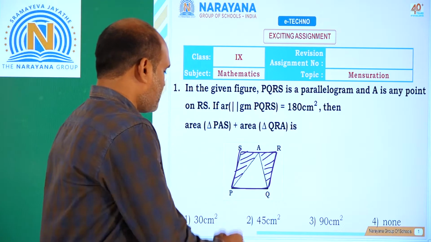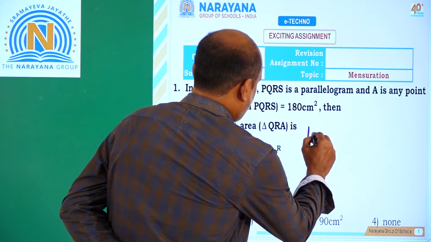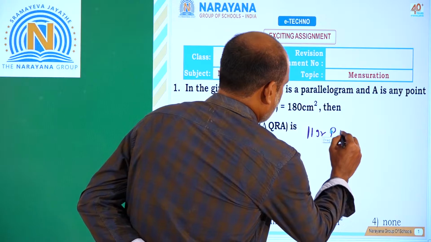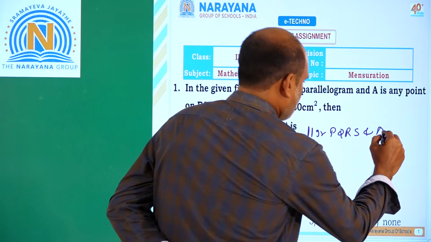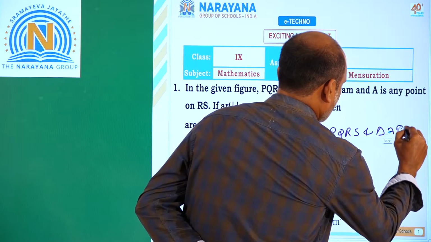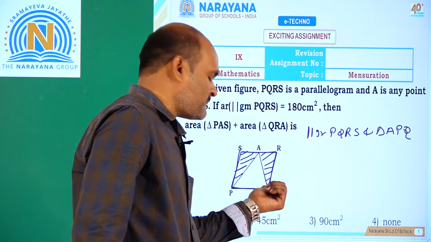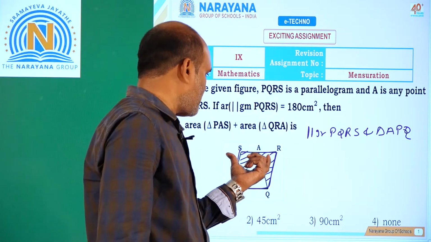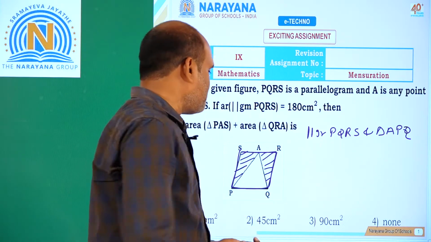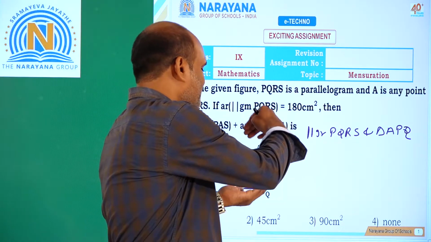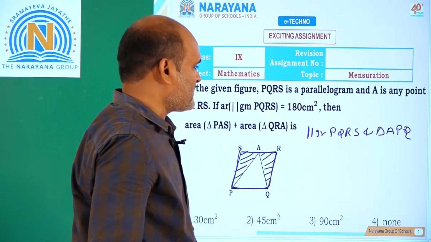If you observe, parallelogram PQRS and triangle APQ have the same base PQ, and between the same parallel lines. Why? Because this is a parallelogram, and they lie between the same parallel lines.